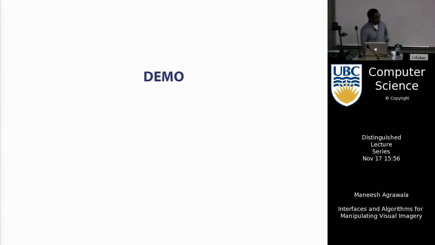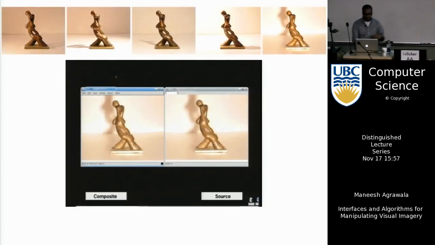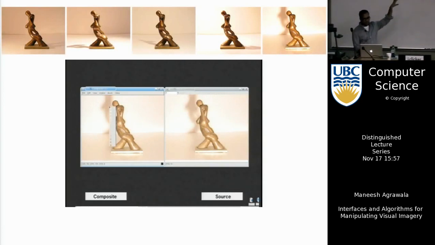All right, let's see if this works. Okay, so the main point there was that it's really easy. This interface makes it really easy to composite these images. Now, it turns out the same idea can be used in a number of other places. So here, I snapped off a set of pictures of this sculpture, and now I want to use them to relight.